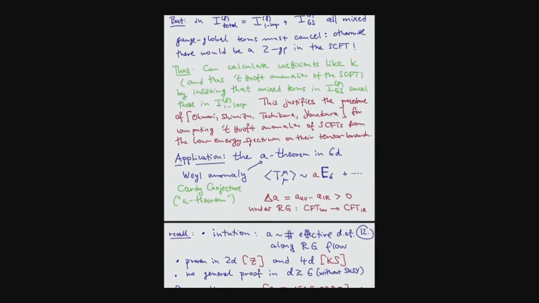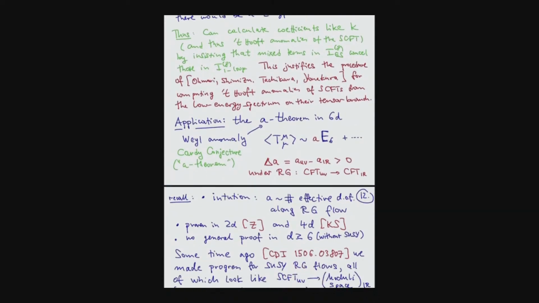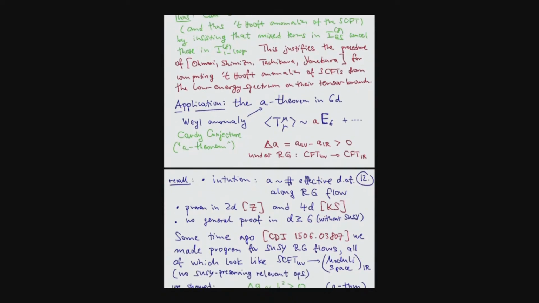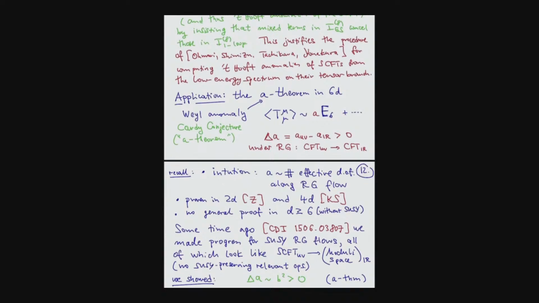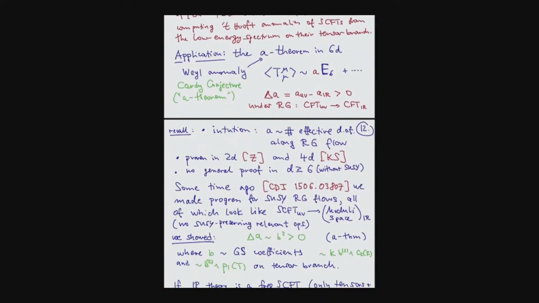So if you have an RG flow interpolating between two different CFTs in the UV and in the IR, then the A anomaly decreases under that flow. And the intuition that goes along with that is the statement that A, roughly speaking, counts the number of effective degrees of freedom along the RG flow. So this is a famous statement in even dimensions, which is a theorem in 2D and in 4D, but not in 6D.